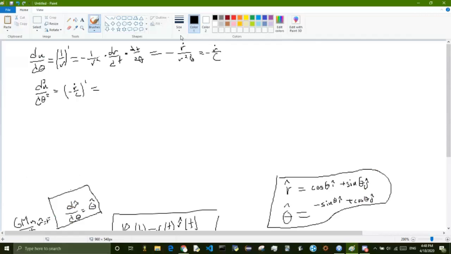Okay. So this is equal to, again, we can change the theta derivative of r into a time derivative. So this becomes r double dot under the condition that we multiply by dt d theta, which is simply the reciprocal of theta dot. C times theta dot.